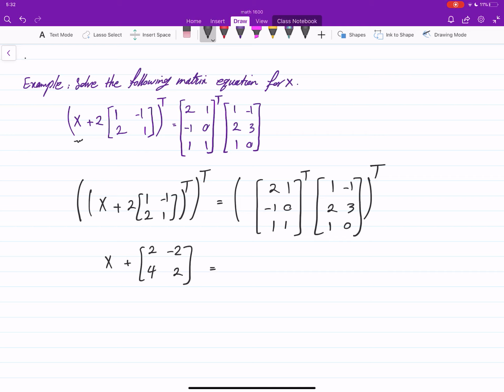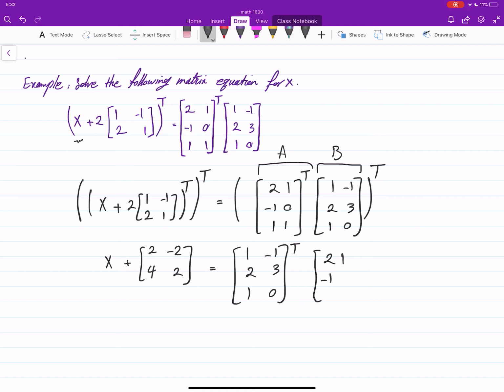This guy, however, you see, this is A, this is B. The transpose of AB is B transpose times A transpose.